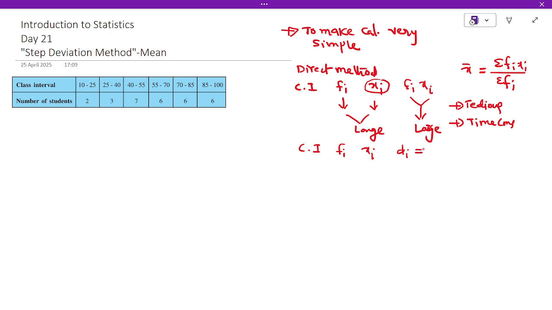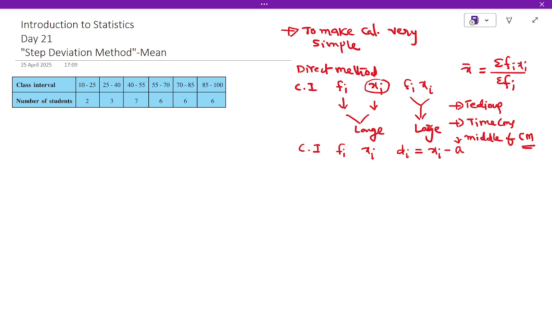How can we calculate it? We assume one assumed mean, that is called a. This a comes from one of the class marks. Generally we prefer a as the middle of the class marks. I told you the benefit of taking a from the middle class marks.